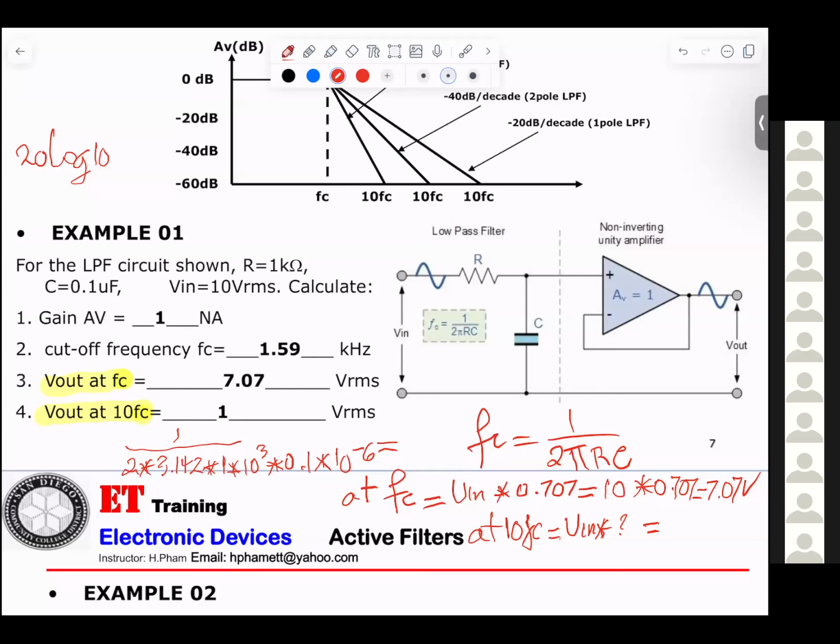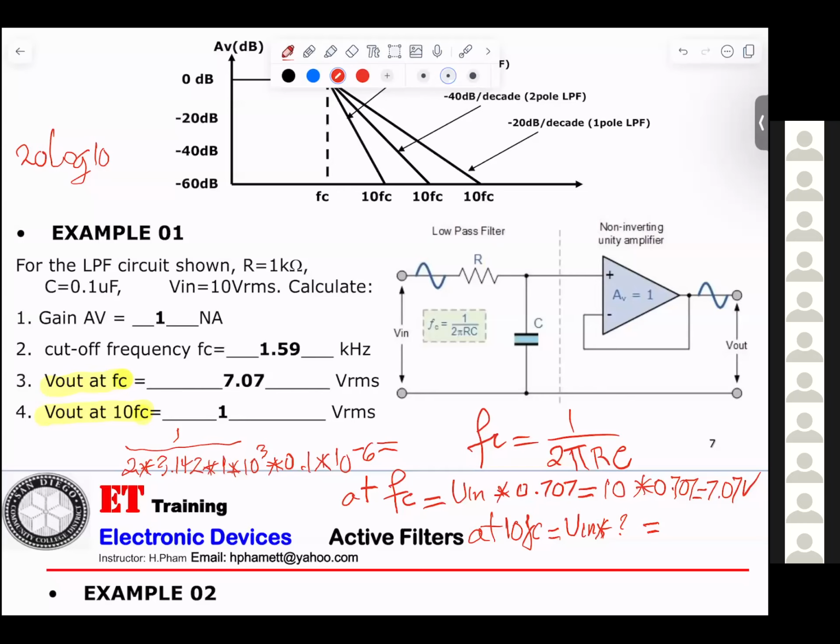Just looking at the graph. However, at the 10 FC that's minus 20 dB, right? So equivalent to what number?